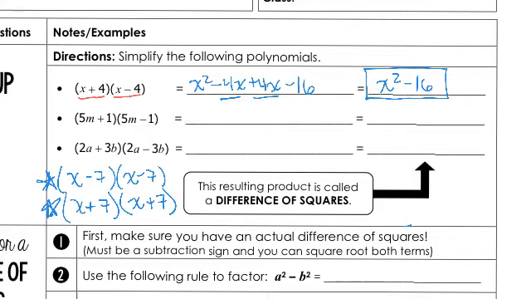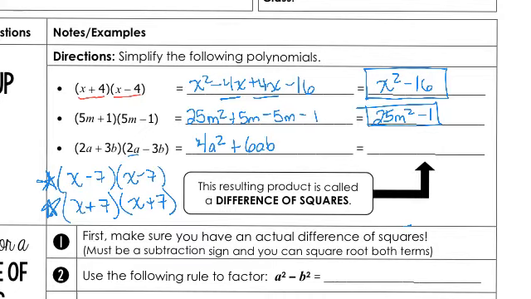We have 5m times 5m. You have 25m squared plus 5m minus 5m minus 1. You end up with 25m squared minus 1. Let's take a look at the next one. 2a times 2a is 4a squared plus 6ab. Remember, we always write it in alphabetical order.